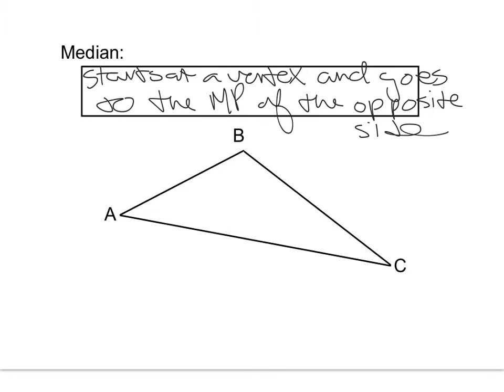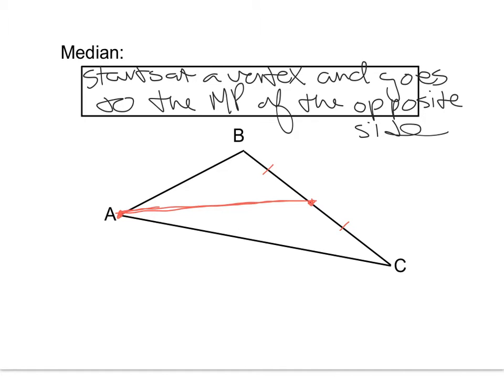So if in red here, I start at my vertex A of a triangle and go to the midpoint of the other side, let's see if I can get a line there. That would be my median. And you guys know midpoints cut the other side perfectly in half.